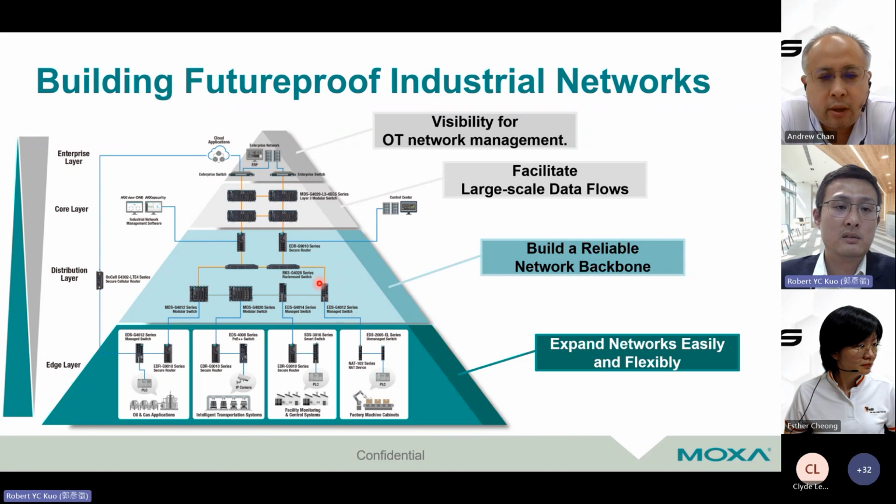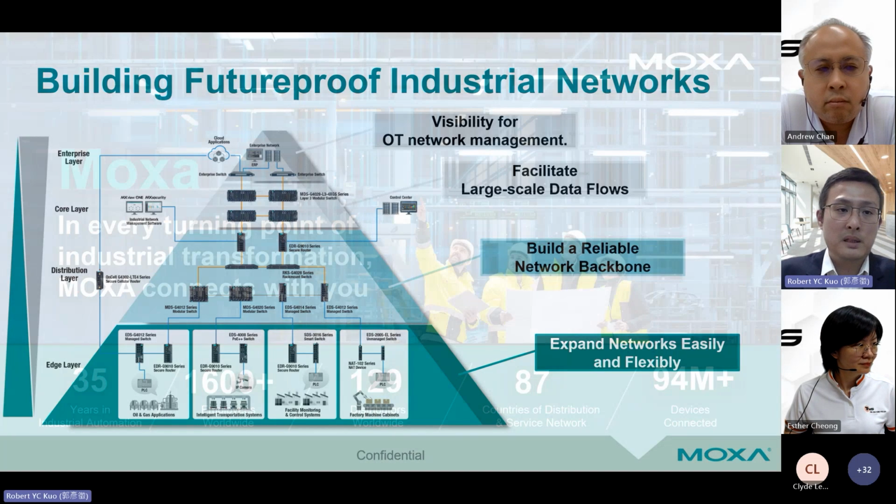And more importantly, there are so many different devices being introduced that the visibility of the OT network is a hot topic. So Moxa also provides MXview, this kind of management tool, to help you monitor the whole networking system.